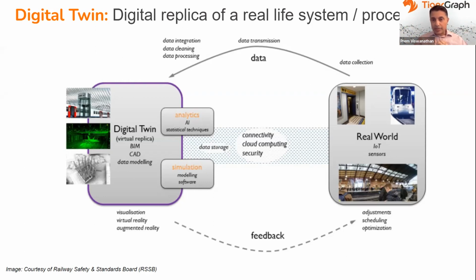The possibilities are endless. It's feeding data back into the digital replica. Lots of analytics and calculations are being done here, and then that goes back into the real world system, so you can make adjustments on the fly. So it's very much a constant feedback loop, where the real world system ultimately gets better because of the data being collected from the real world network.